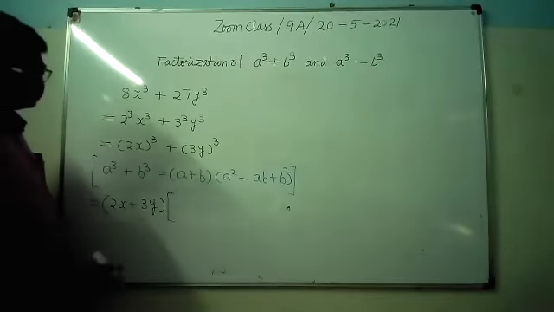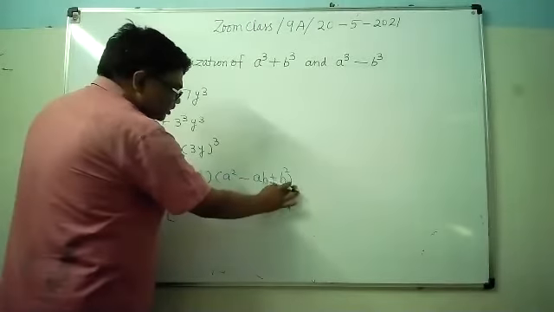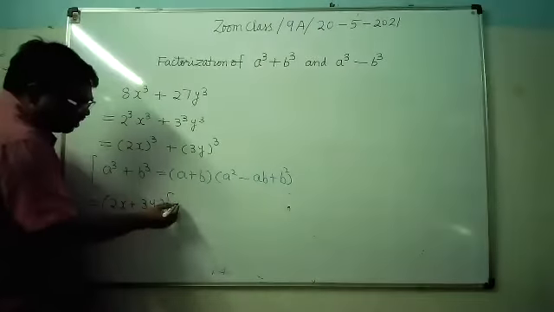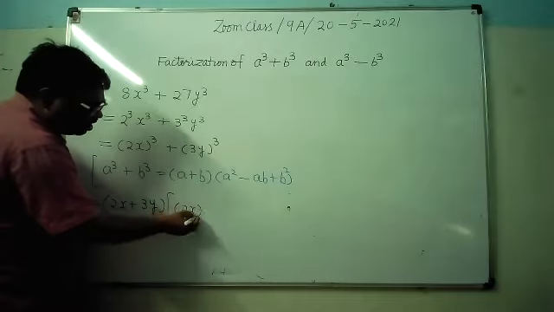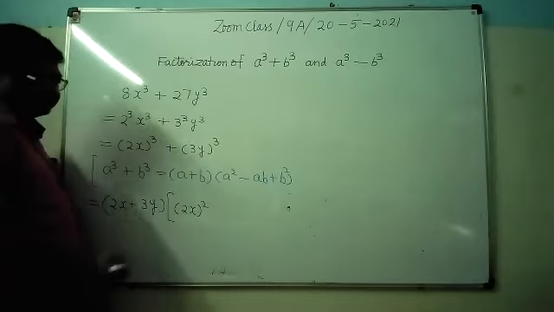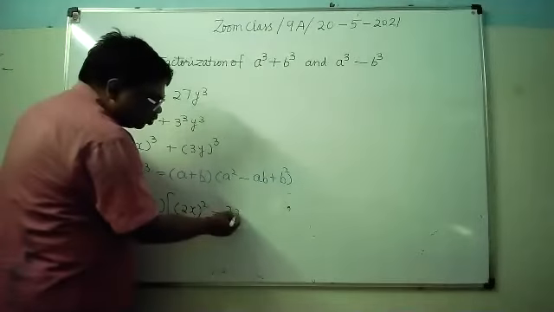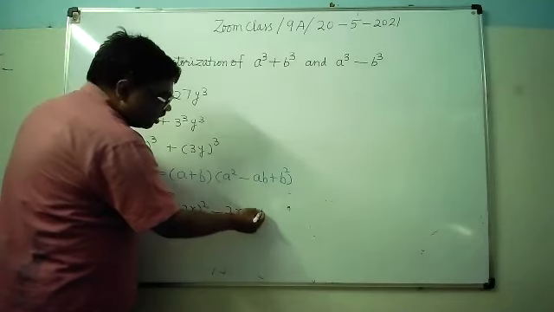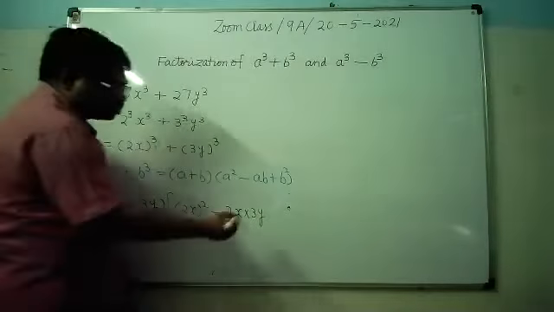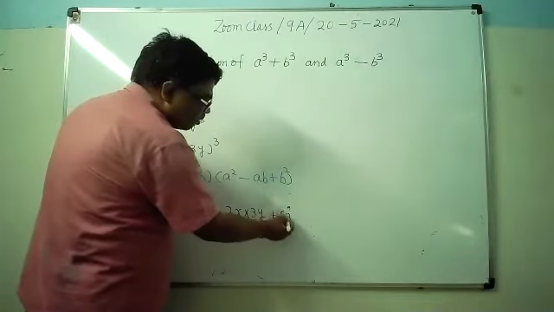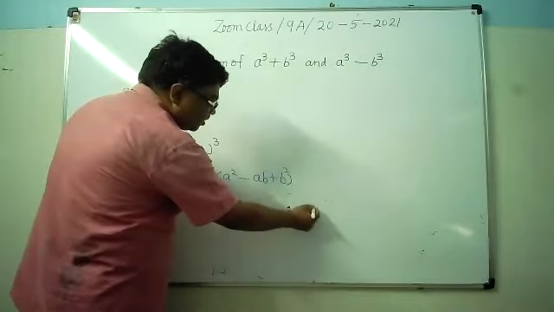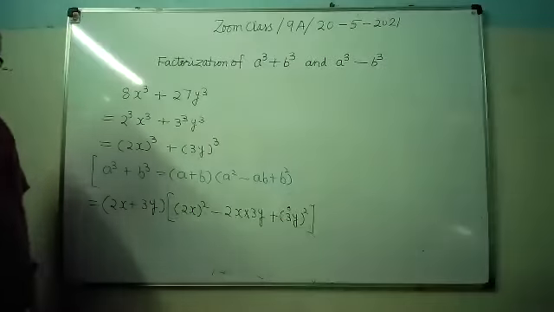Now this you can write as a square. A square means 2x whole square, minus ab, that is 2x into 3y, plus b square means 3y whole square.